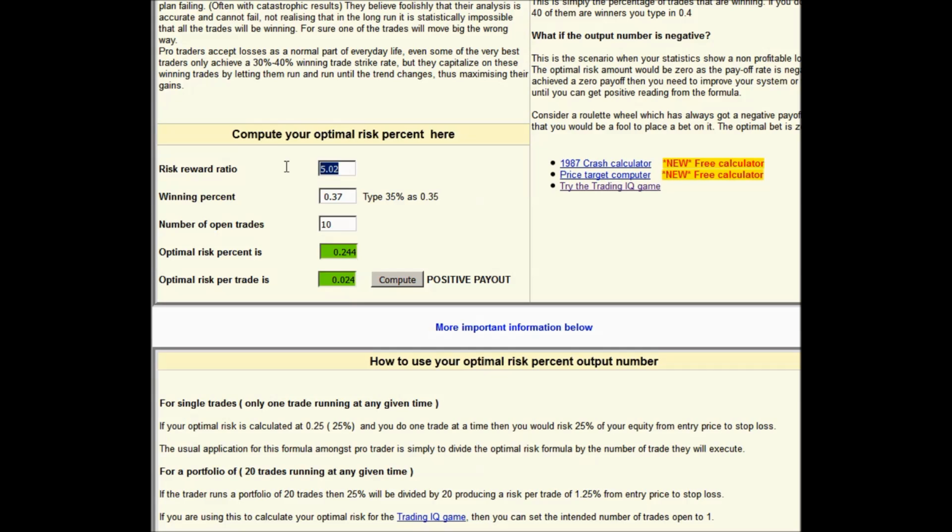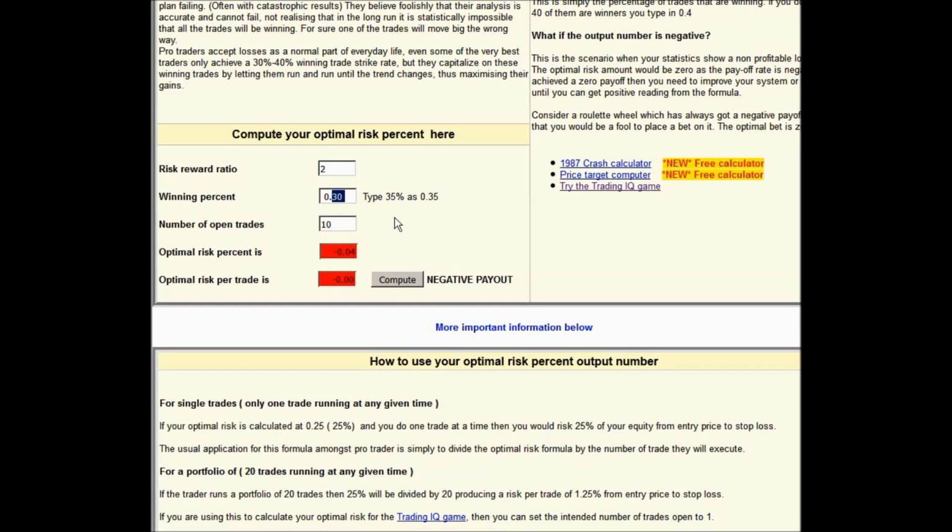If you've got a low risk reward ratio of 2 combined with a low profit ratio of 30, you end up with a negative payout. Now it's very important to understand these numbers. If you've put the numbers in from your strategy and you get this red, the best thing to do is not to use it.